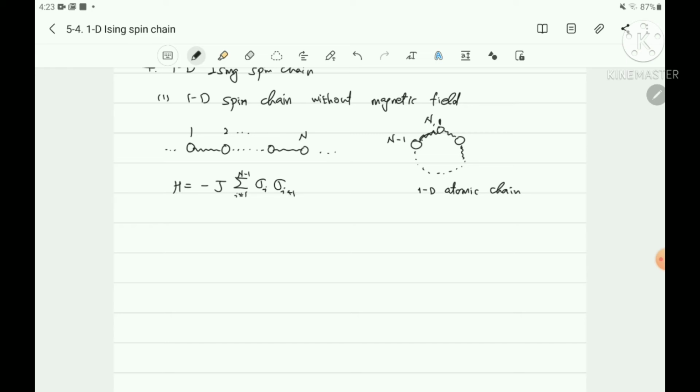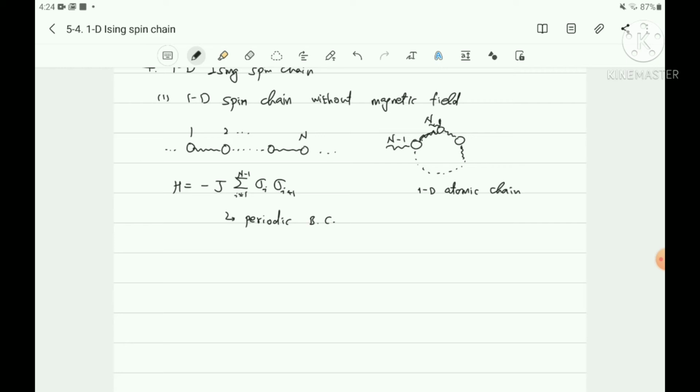We consider n-1 interacting with the first atom, because the nth atom is identical to the first. We assume a periodic boundary condition with a one-dimensional atomic chain.